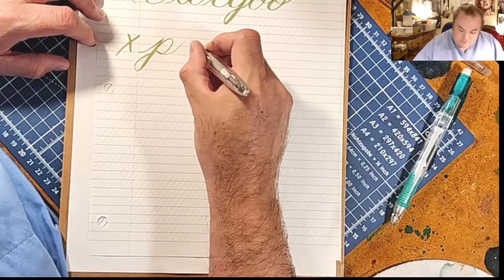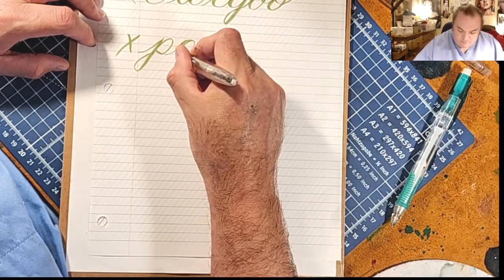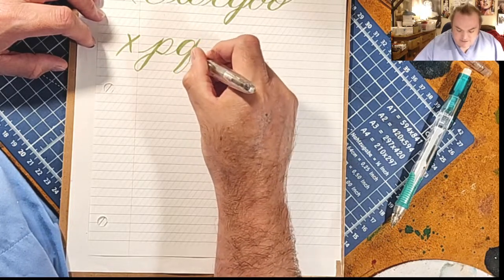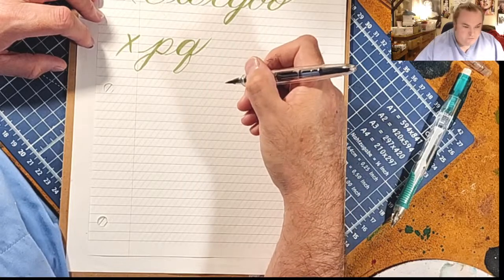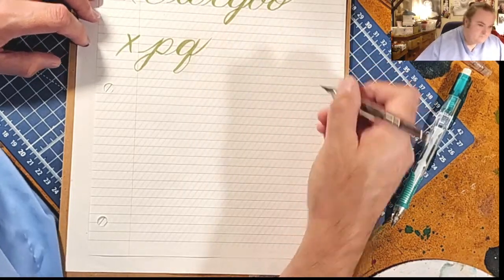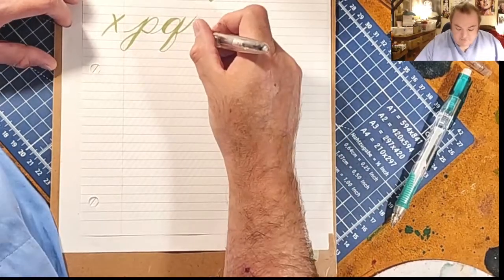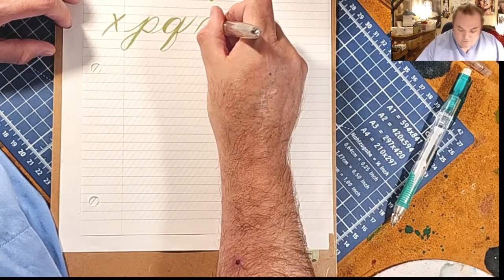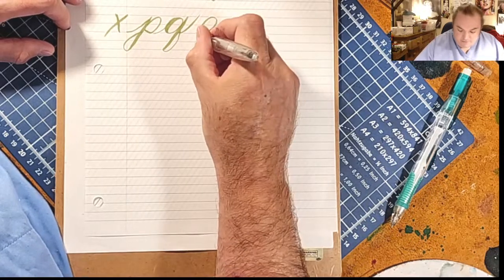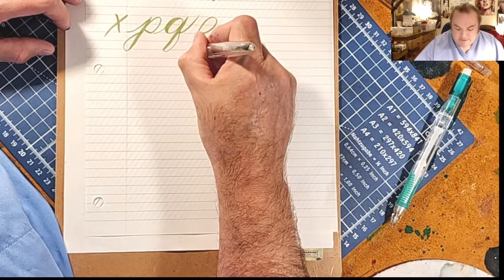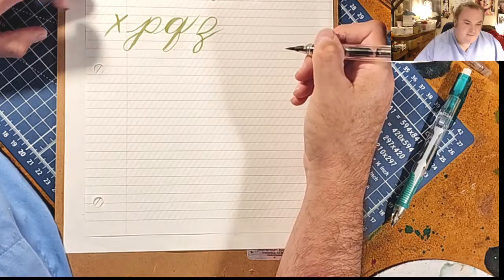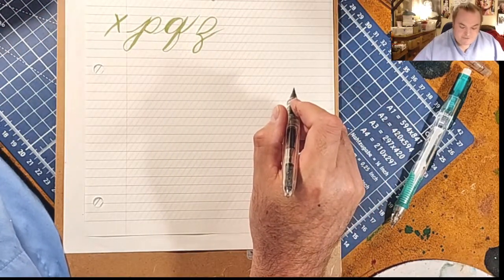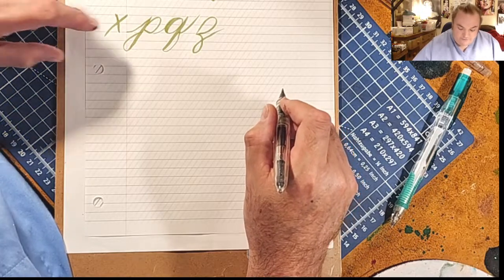If we do an upstroke into an oval, into a reverse descending stem loop, we have a Q. And if we do a modified overturn into a modified descending stem loop, we have a Z. So you can kind of see how all these letters have ascending ovals in them.